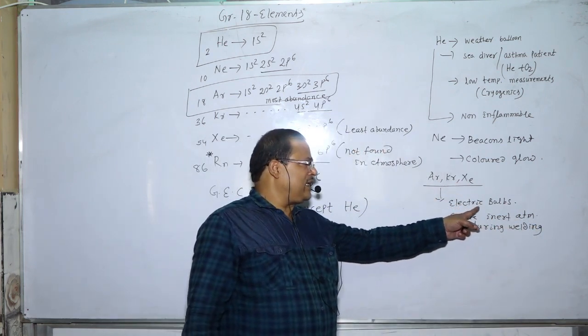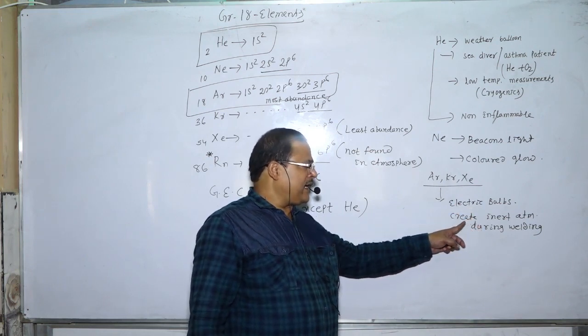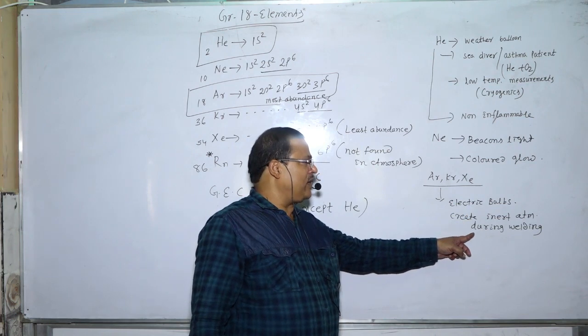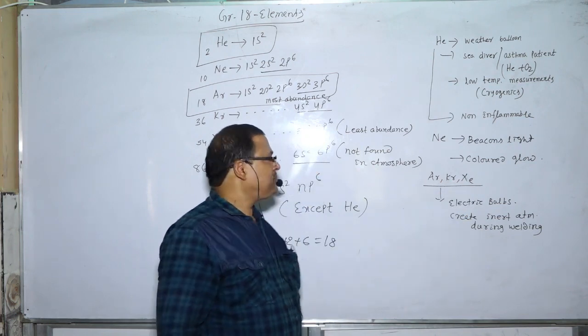They are used in electric bulbs, radio valves also, and to create an inert atmosphere during welding. That is the use of argon, krypton and xenon.